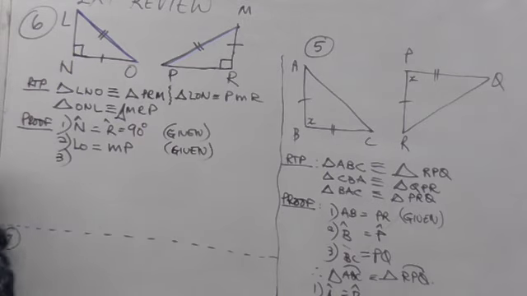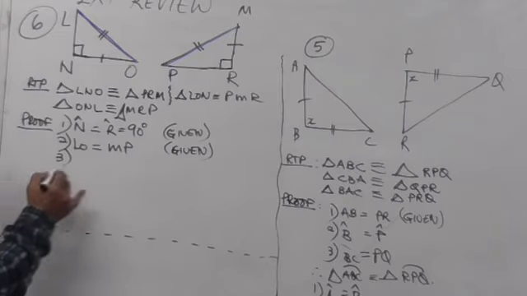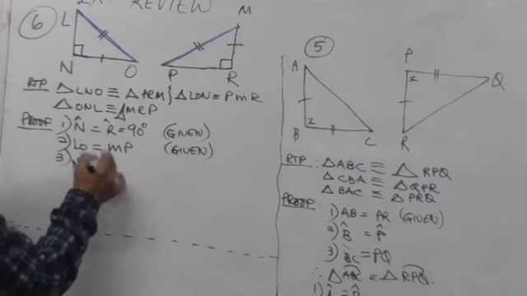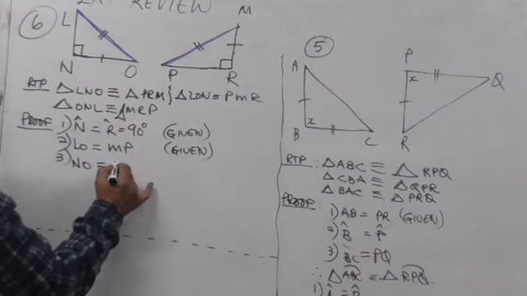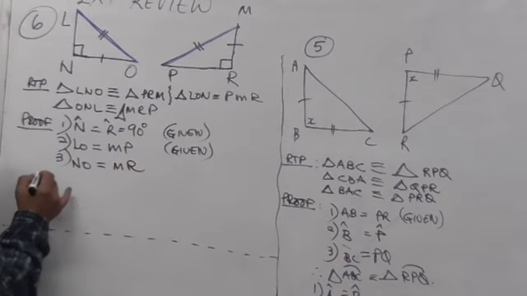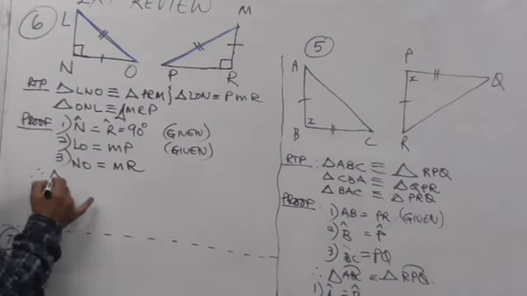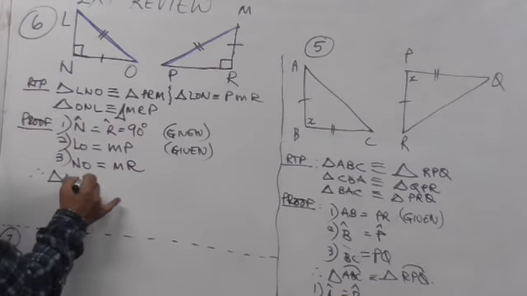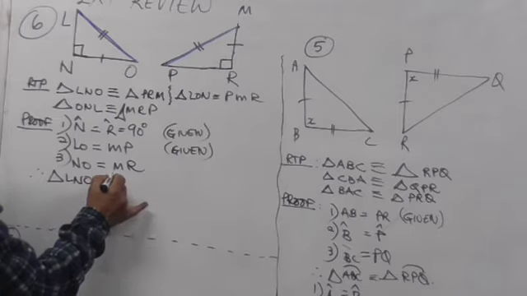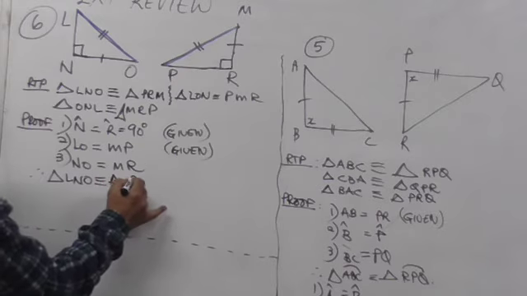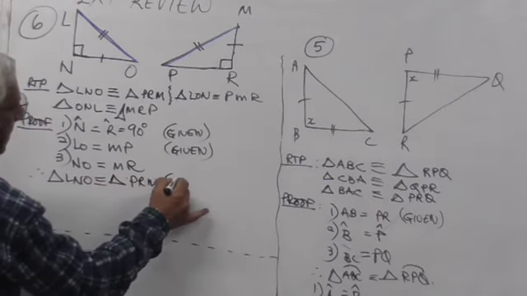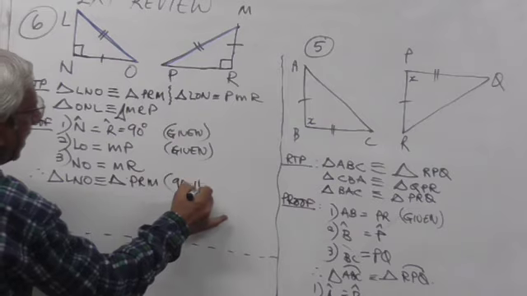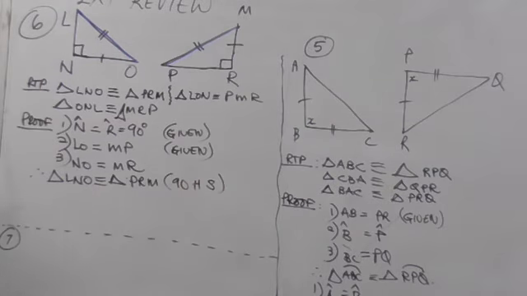And number 3, NO is equal to MR. Therefore, triangle LNO is congruent to triangle PRM, and the case is 90 degrees hypotenuse side.